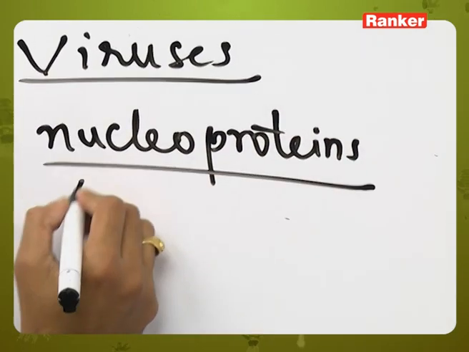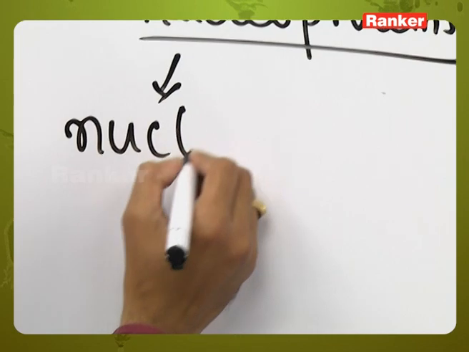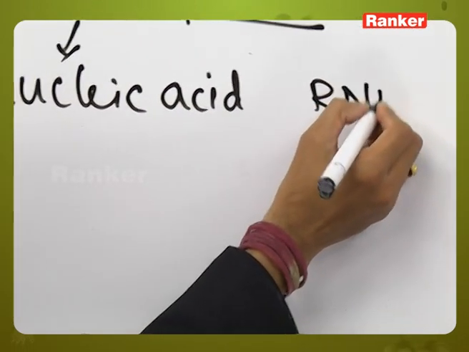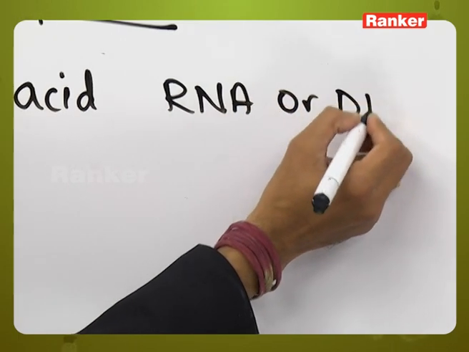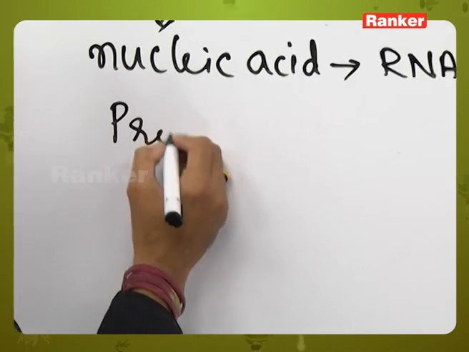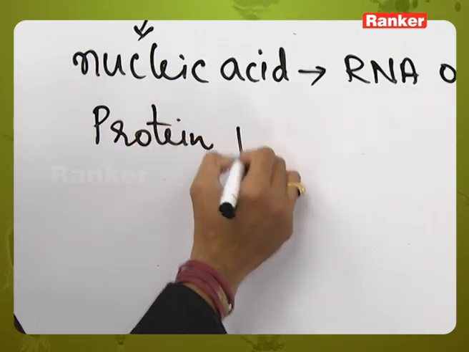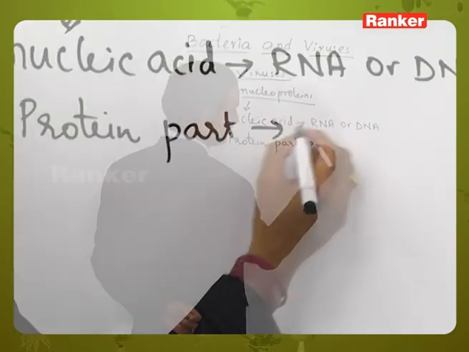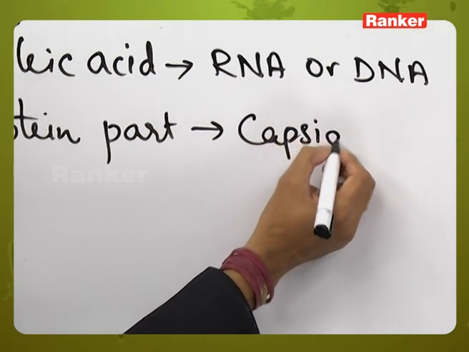That is, they are made up of nucleic acid either in the form of RNA or DNA molecule, and the second part is a protein part which acts as a protective sheet around the central core of nucleic acid. This part is called a capsid.